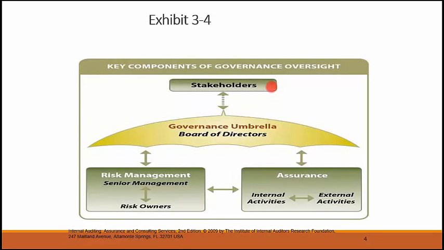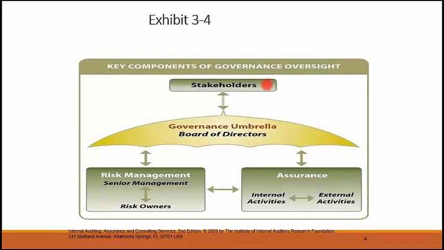Shareholders then vote on the board of directors. The board of directors then essentially creates these various committees. So we have stakeholders at the top, and then we have the board of directors under this governance structure.